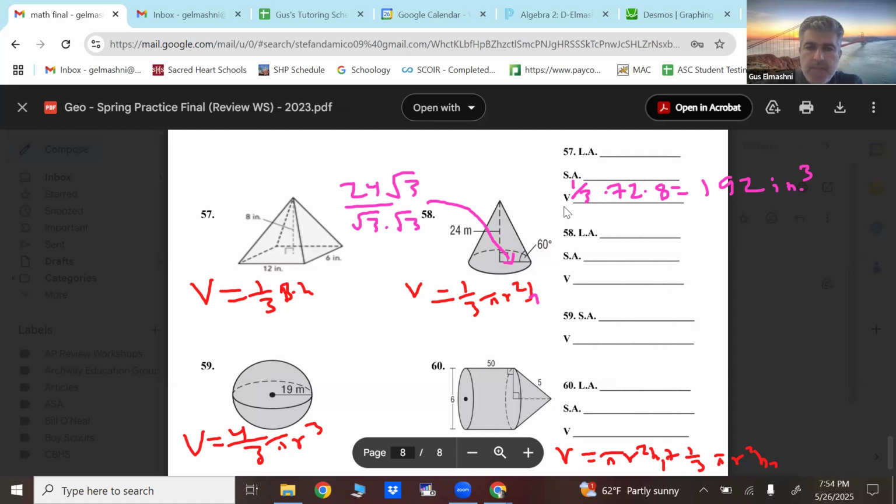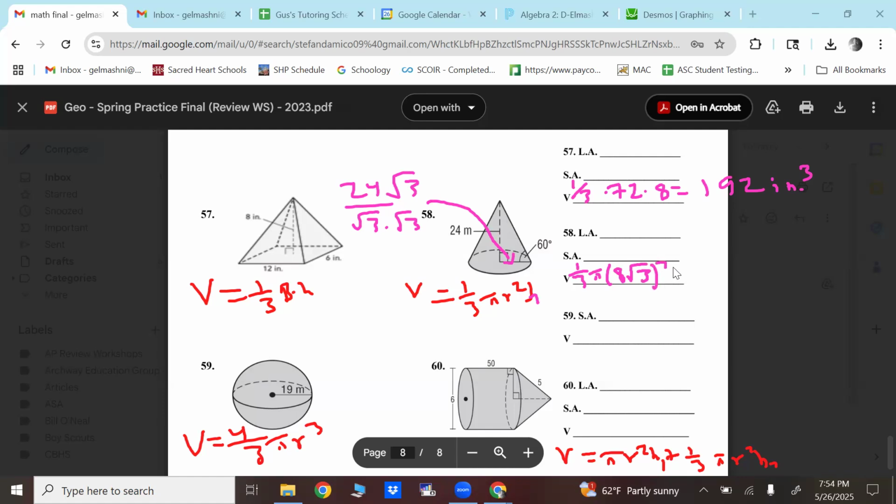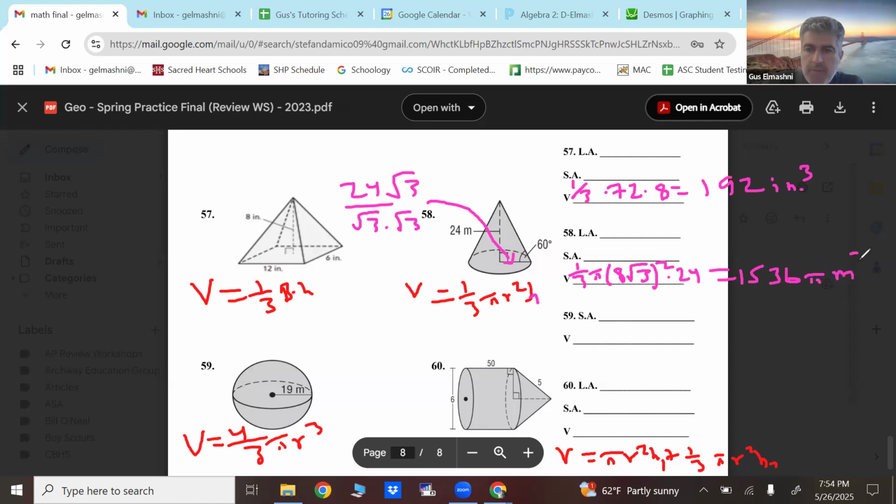That's 8 root 3. So that's 64 times 3, threes will cancel, times 24. Should be 1536 pi meters cubed.